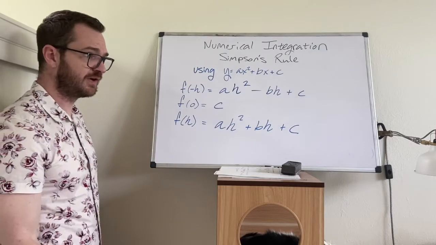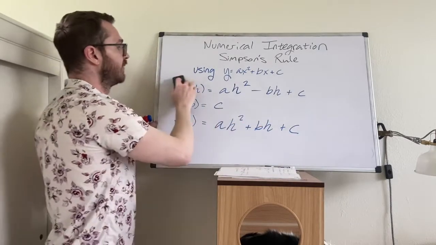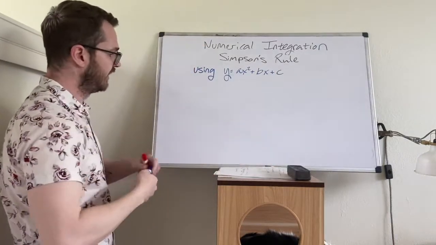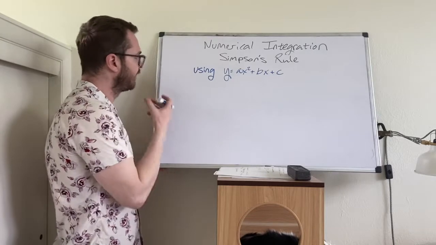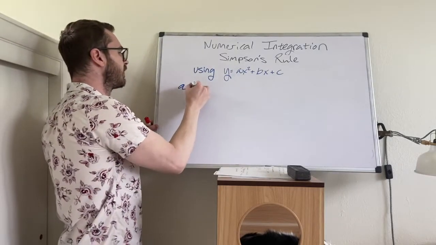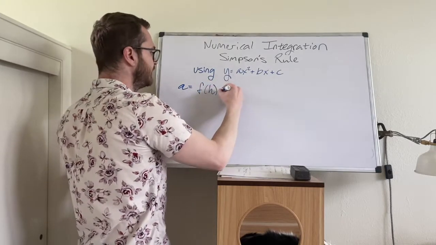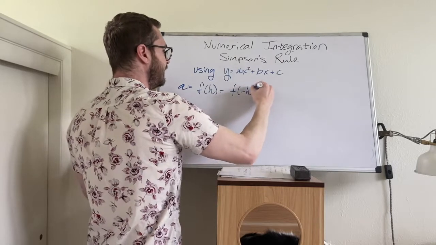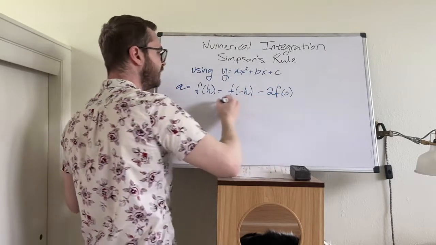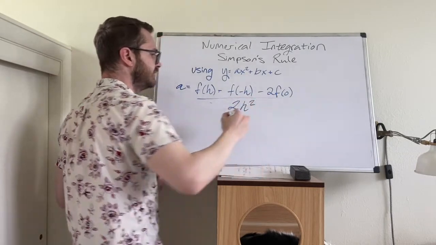There's a bit of algebra involved. I'm going to magically erase, and we're going to skip those steps, and I'm going to give you the answers. So when you solve for the variables a, b, and c, this is what you get. A first, a is f of h plus f of negative h minus 2f 0, all divided by 2h squared.